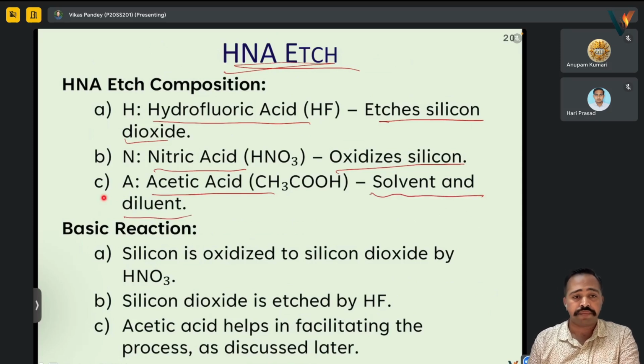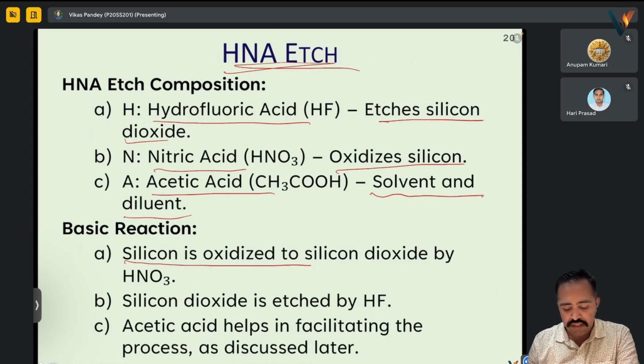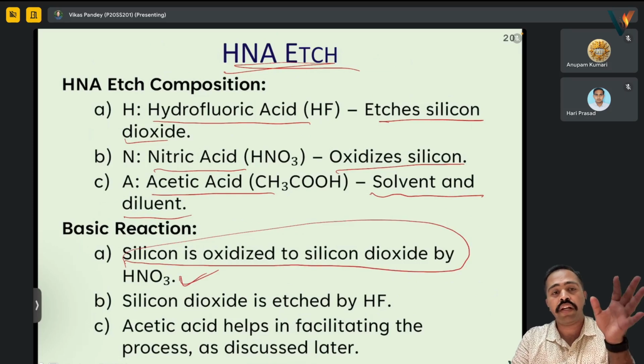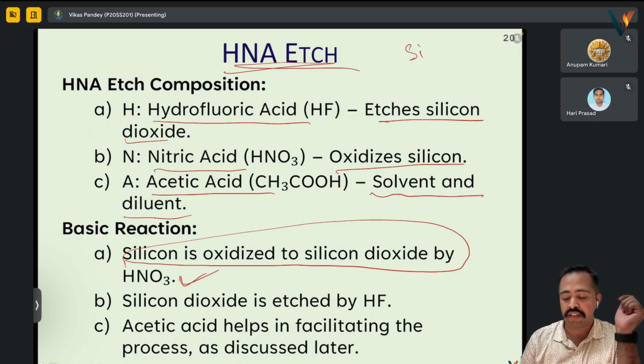Okay, so the basic reaction is silicon is oxidized to silicon dioxide by HNO3. So we have discussed SiO2 etching. Now we are discussing silicon etching, making patterns on silicon.